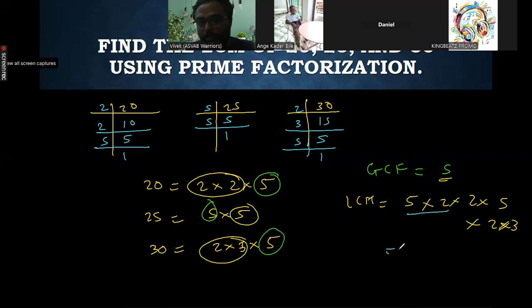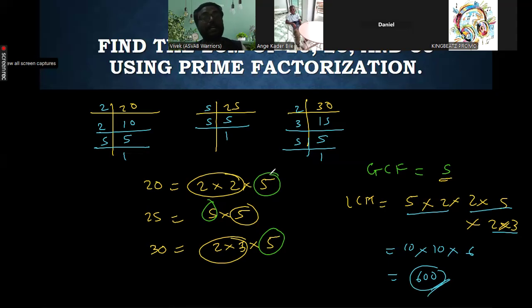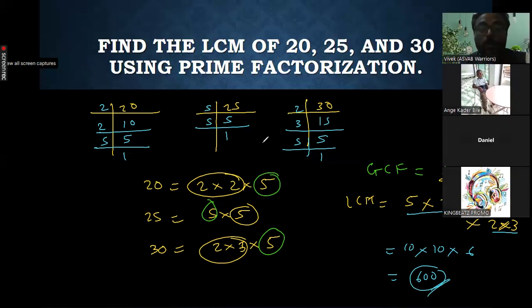So 5 times 2 is 10. 2 times 5 is 10. 2 times 3 is 6. So this becomes 6 times 10 is 60, times 10 is 600. So 600 is nothing but the least common multiple of 20, 25, and 30. Have you guys understood it?